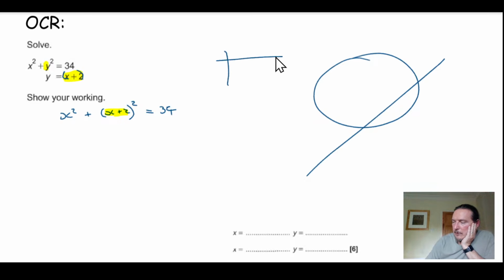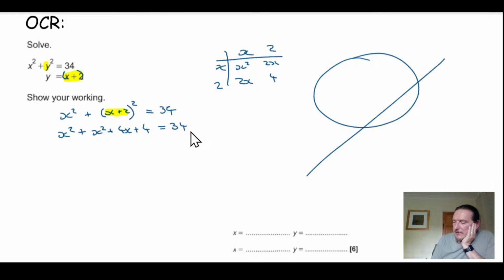Now if you're not very good at quadratics, you can just do x plus 2 like that. That's going to give you x squared, 2x, 2x and 4. So that's x squared plus 4x plus 4 that you get there, isn't it? So I've got my x squared that I had before, plus my x squared plus 4x plus 4 I get from multiplying out those brackets, and I've got that 34 I had at the end.